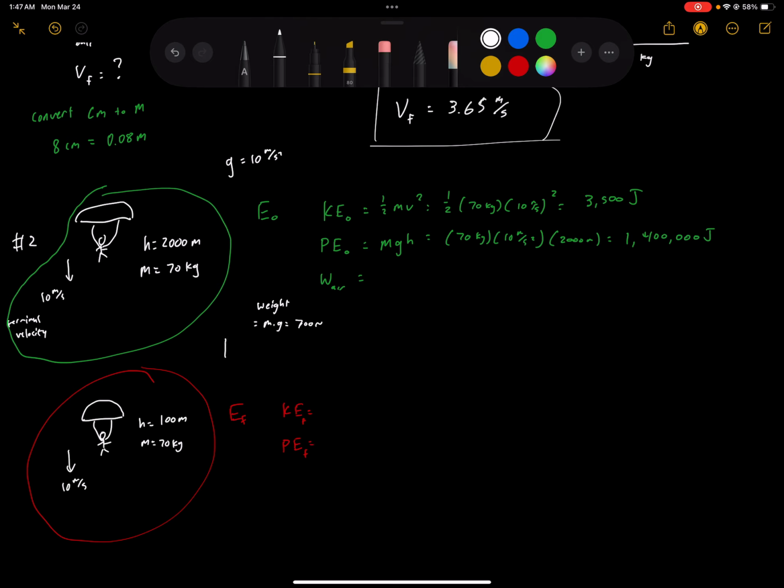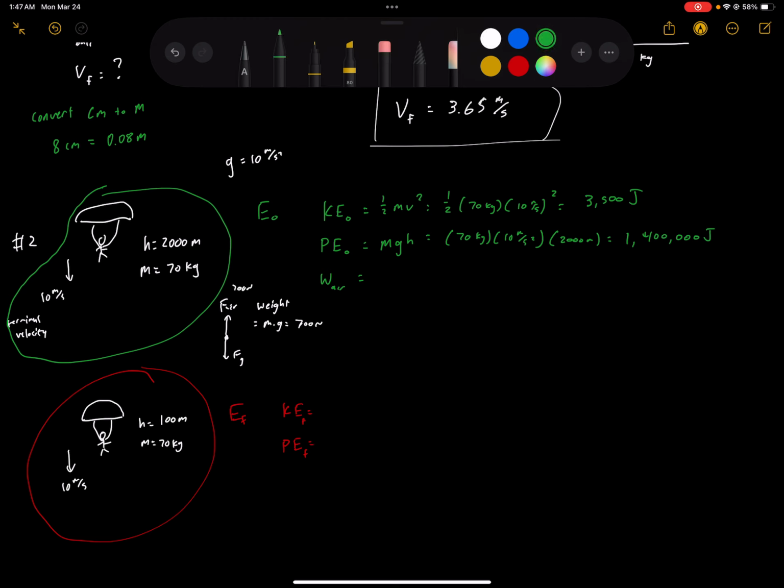Well, if his weight force is equal to 700 newtons, and he's traveling at a constant rate, that means he's not accelerating. And if he's not accelerating, the forces have to be balanced. So if his weight force is 700 newtons, then air resistance has to also be 700 newtons, and it's going upward, right?